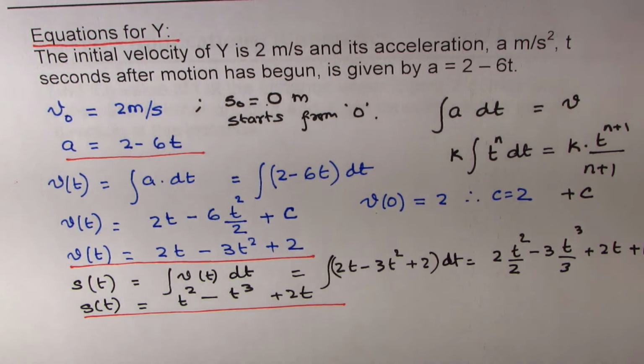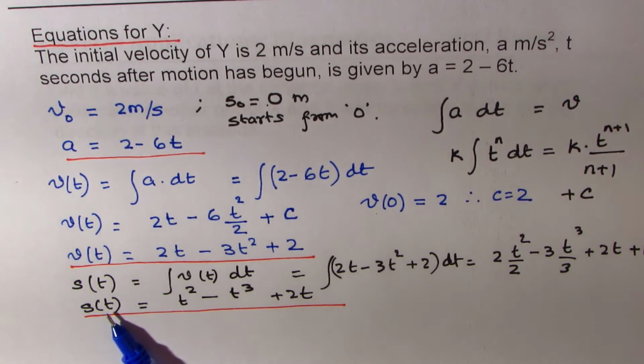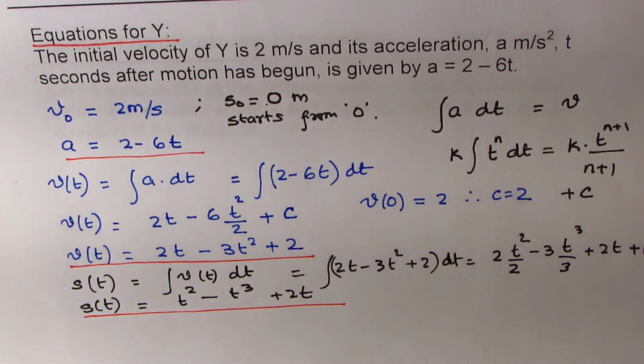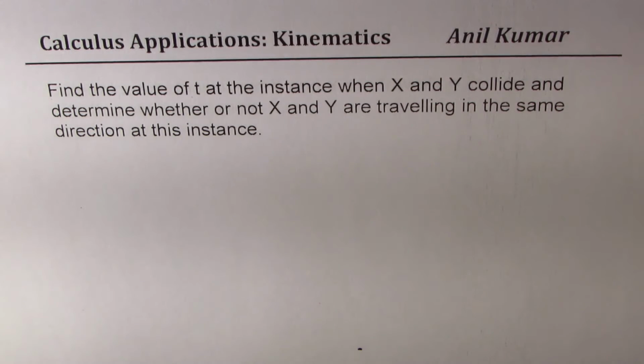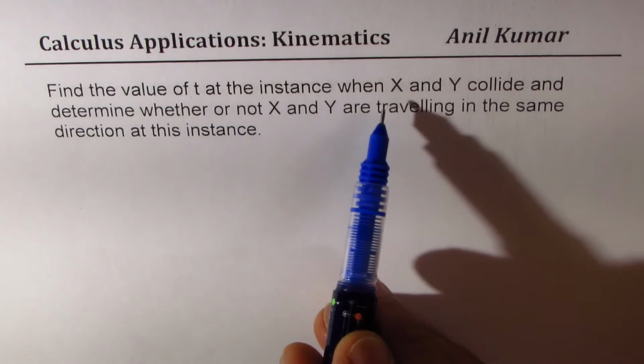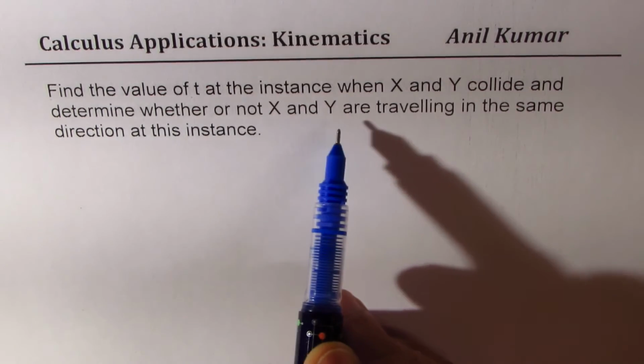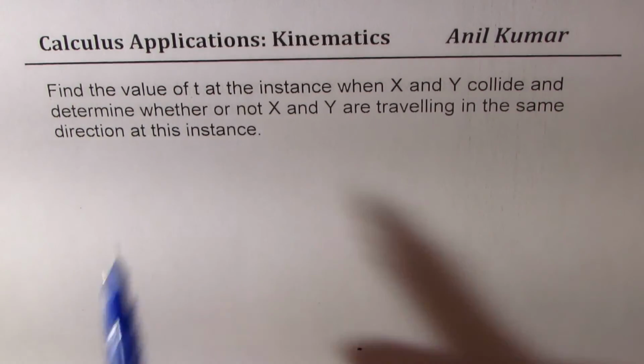So we have to work with two equations, that is the displacement function of particle y and the displacement function of particle x. So let me copy both these equations and then from there we'll continue. So now we are looking to find the value of t at the instance when x and y collide and determine whether or not x and y are traveling in the same direction.